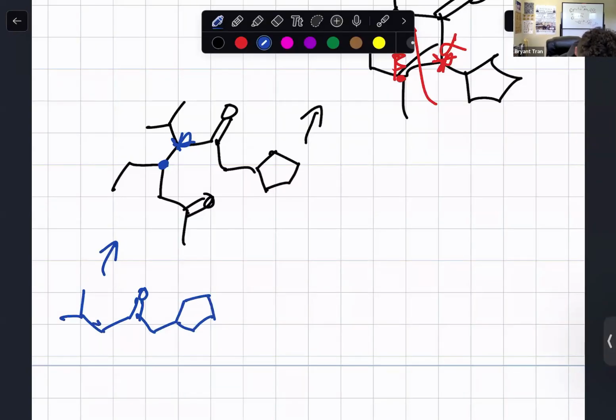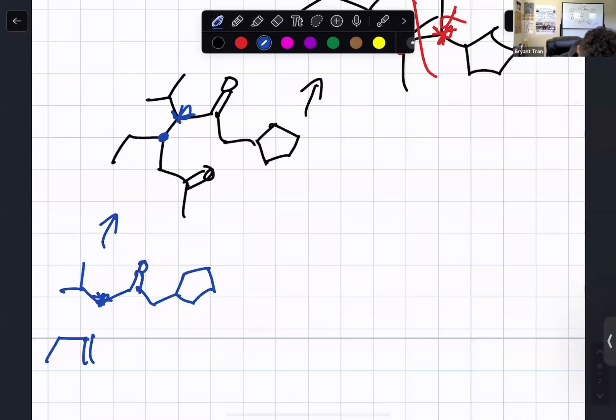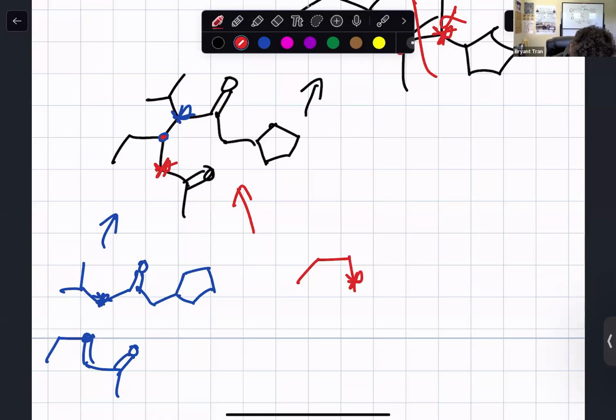Okay, where this is the star, and then the dot is going to be the beta carbon of this alpha beta unsaturated carbonyl, right? Now, if we chose this as a star and then this as the dot, right, that's going to create this as the reactants for Michael addition.